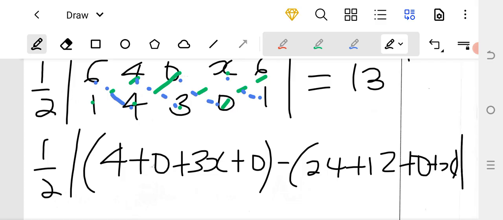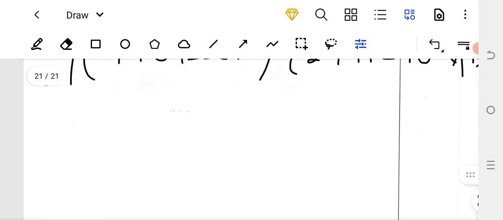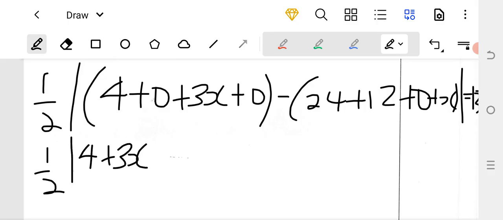There is not enough space. I was supposed to say is equal to 13. Okay, 13, okay? It's a bit visible. I don't know, I was writing big things. So half of here we have the modulus of 4 plus 3x.